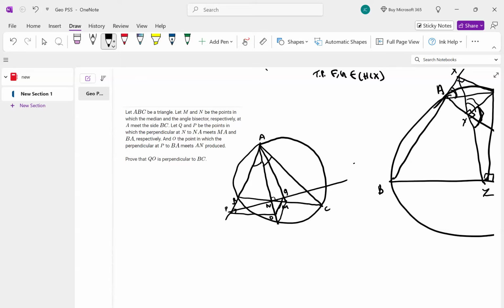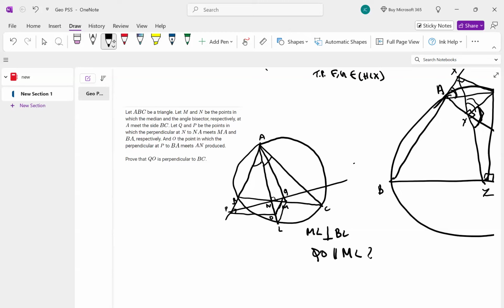But if you call this point L, you know ML is perpendicular to BC. So you can also show QO parallel to ML. So I hope this statement is clear. And yeah, any progress you get, you can tell.